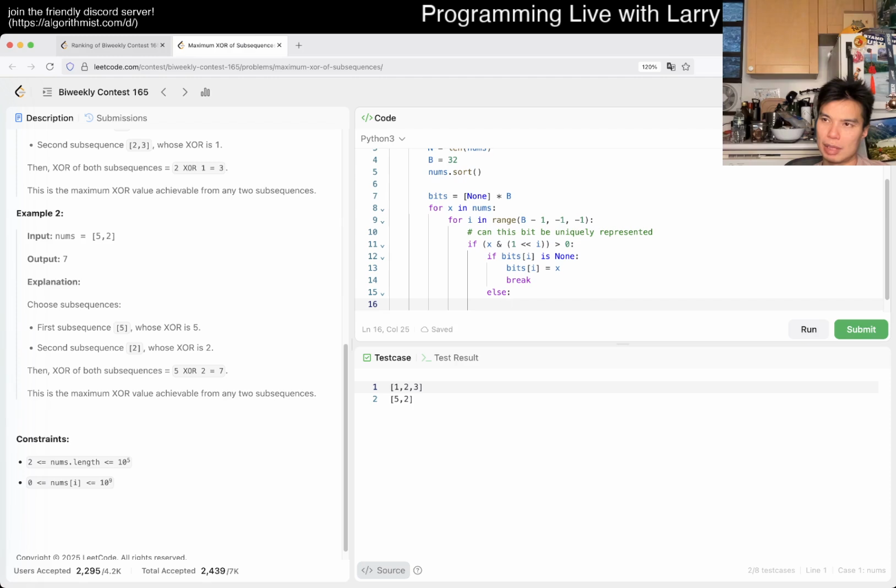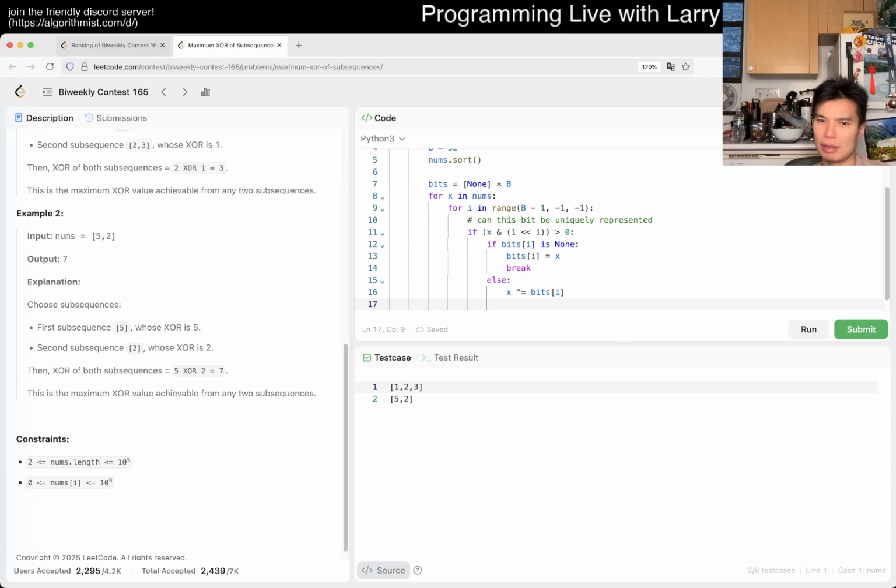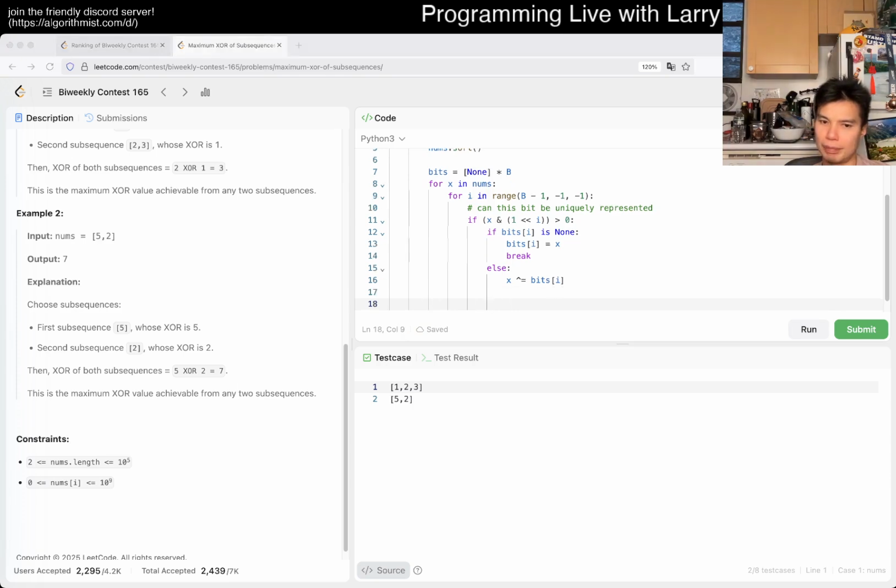Otherwise, we do bits of i to remove this bit and the rest, so we get the basis, right? And then if it doesn't find it, then it's found.